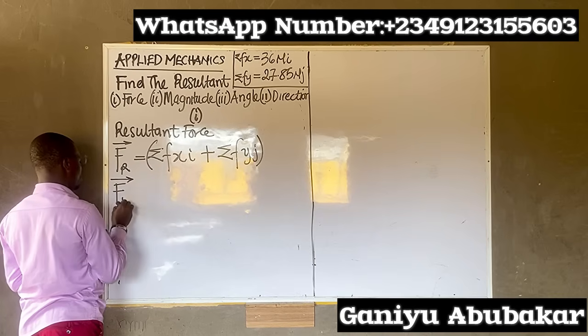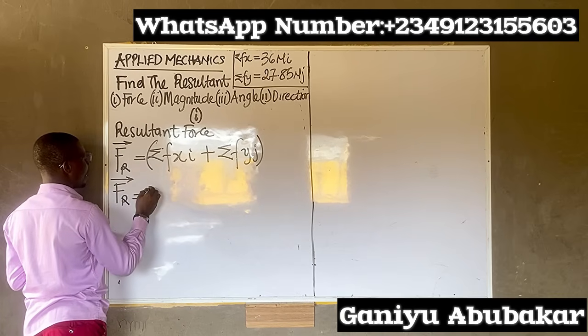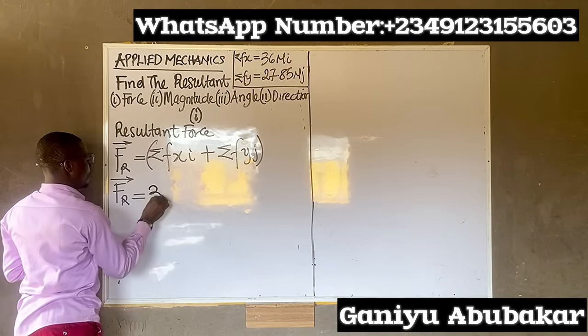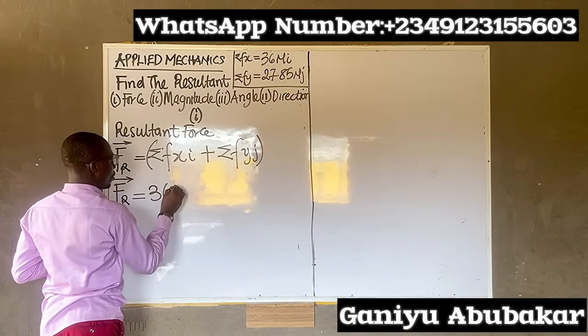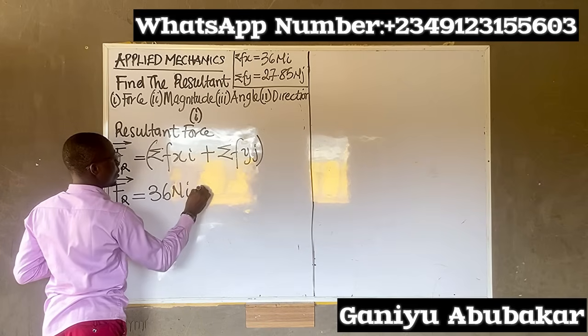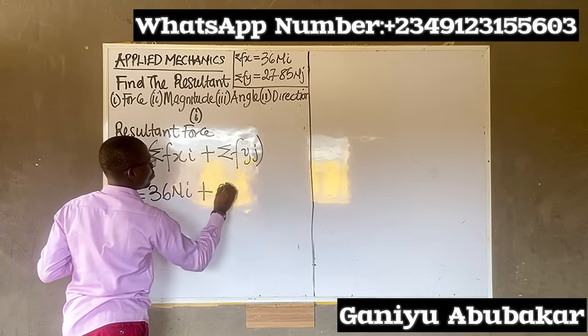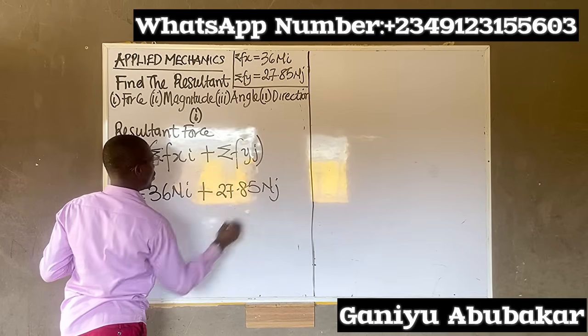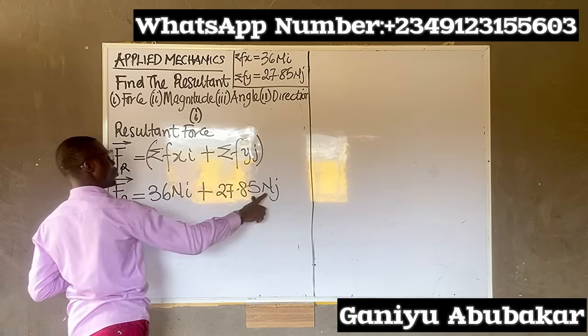The resultant force of that diagram gives you f of x is this value, that's 36 Newton I, plus f of y gives you 27.85 Newton J. Newton is common, bring it out.